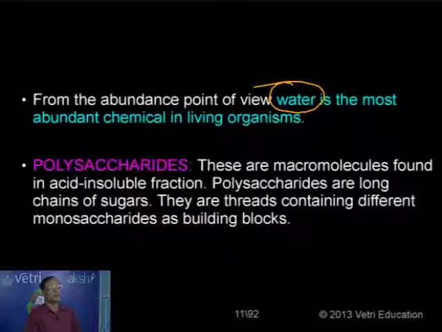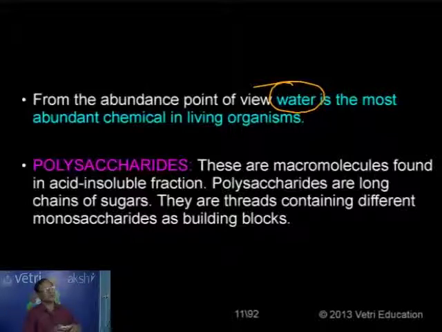Now, let us see one by one the various types of macromolecules. To begin with, we'll start with polysaccharides. These are all macromolecules found in the acid insoluble fraction. They are long chains of sugars.